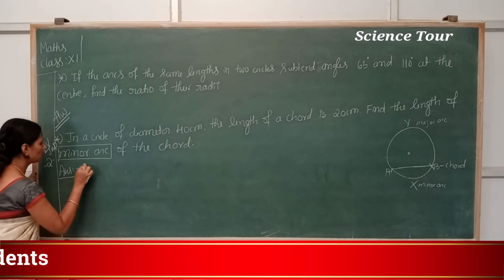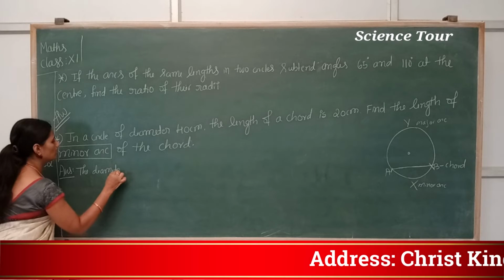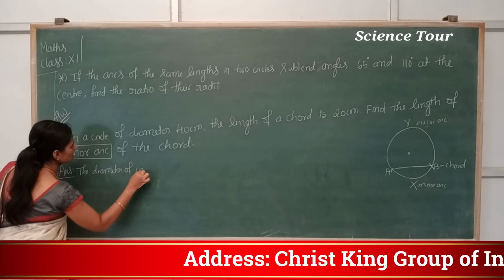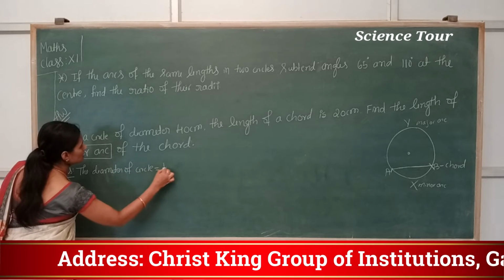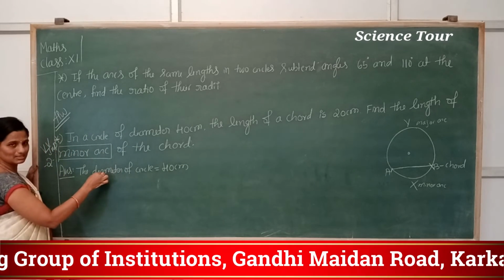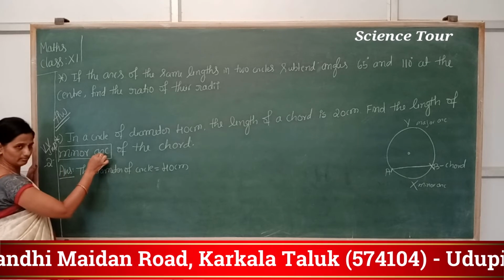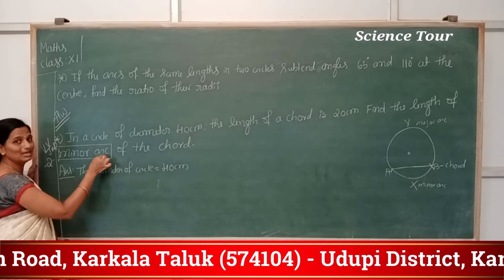The given is the diameter of the circle. Diameter of the circle is how much here? 40 centimeter. If the diameter is given, can you find out the radius? Because I need the length of the arc, and to find the length of an arc, I need the radius.